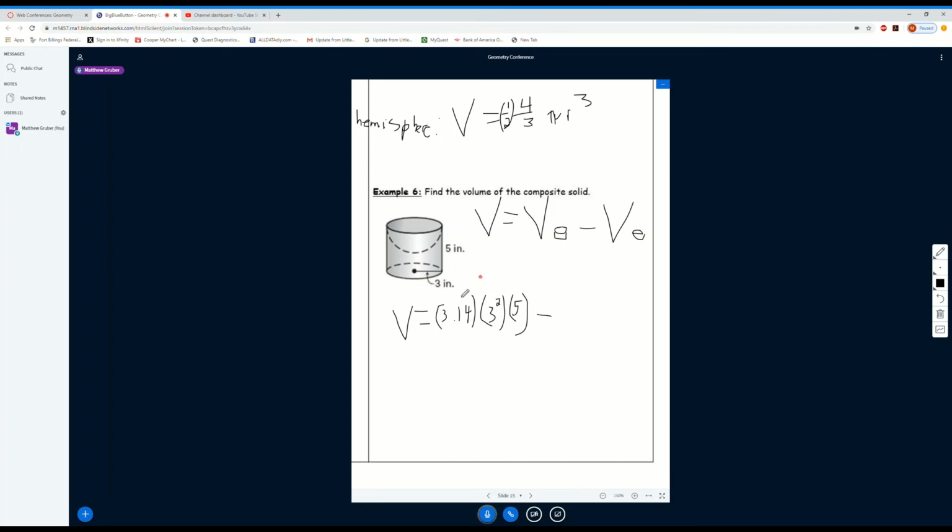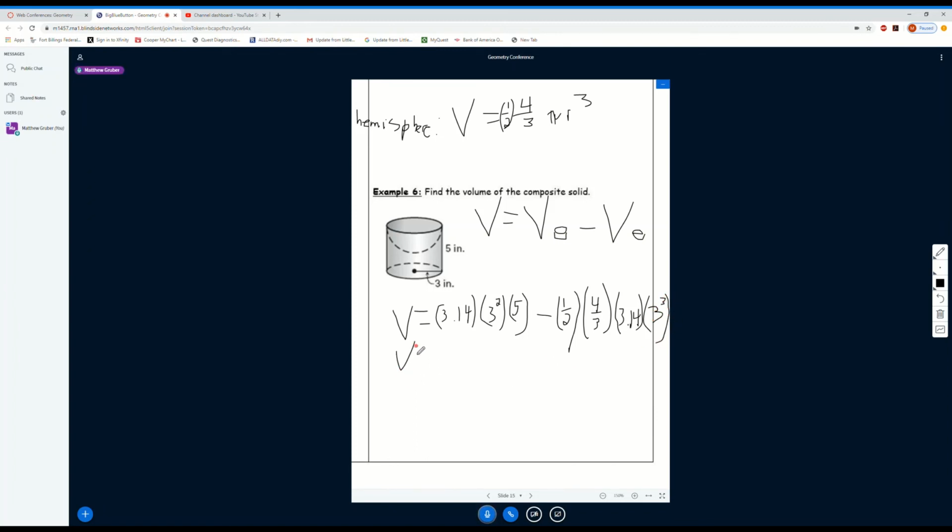minus the volume of the hemisphere, the half the sphere that's scooped out. So if half a sphere is scooped out, it's going to be half the volume of that sphere. So half 4/3 pi, and then the radius cubed. The radius of that sphere is the same as the radius of the cylinder, so that would be 3 cubed.